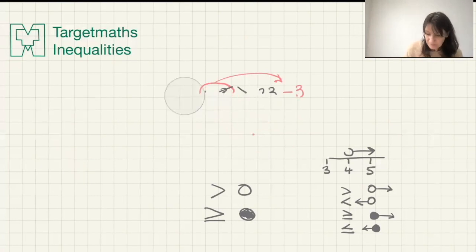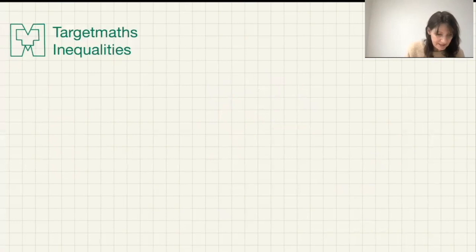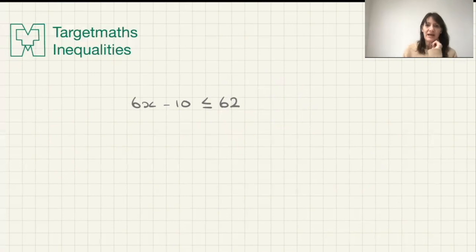So let's have another question. So we're going to have 6x minus 10 is less than or equal to 62. Okay. So first thing I want you to do is just have a go. If you aren't secure on your solving equations, then obviously as I go through each one, you will have it modeled, and we'll be doing quite a lot, to be fair.